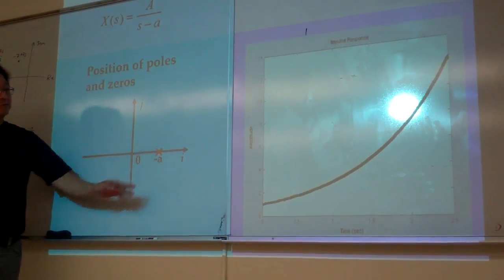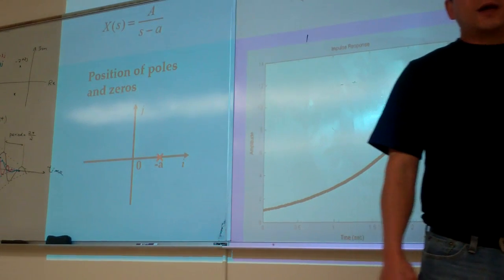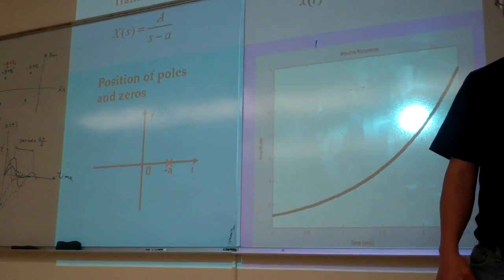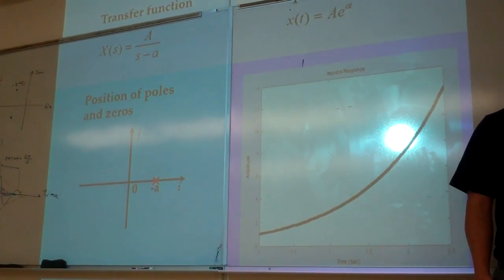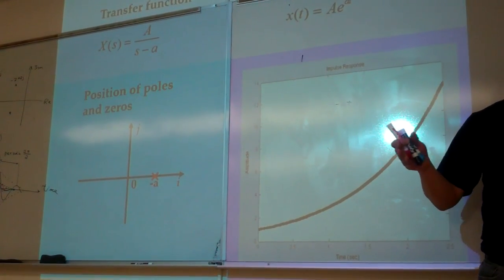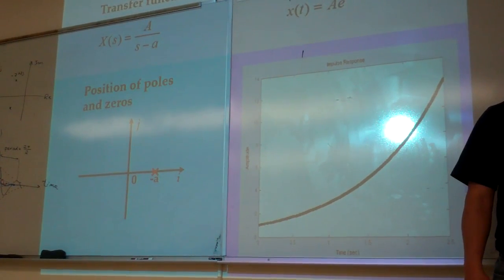Okay, like this. When would you want that type of response? When we want an unstable response. Yeah, because like the F-16 flight jet, they want to be agile. So they want to be unstable for a certain period of time or certain moment and then come back to the stable status.